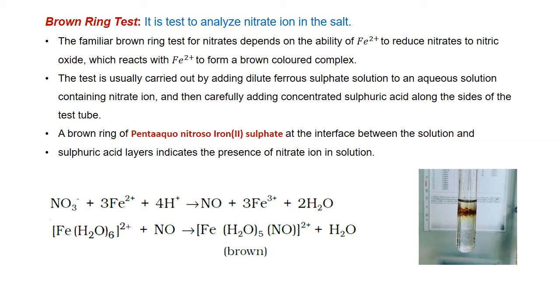A brown ring is formed at the interface of the solutions, and this brown ring is formed due to formation of a complex, penta-aquo-nitrosyl iron sulfate, at the junction. So this brown color is due to the presence of this complex. It is known as the brown ring test.